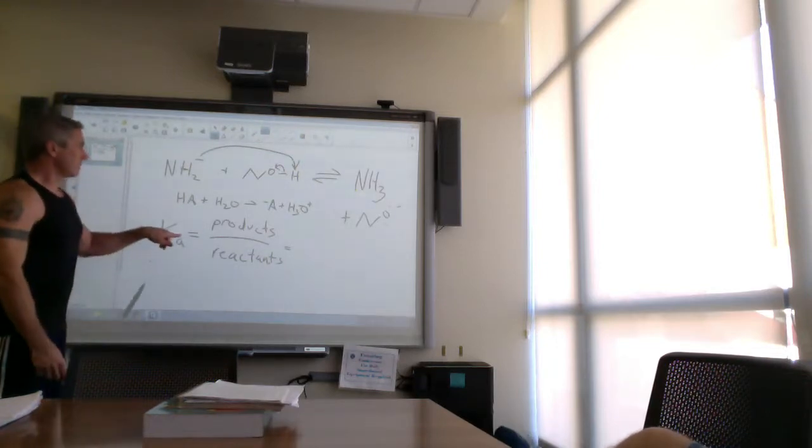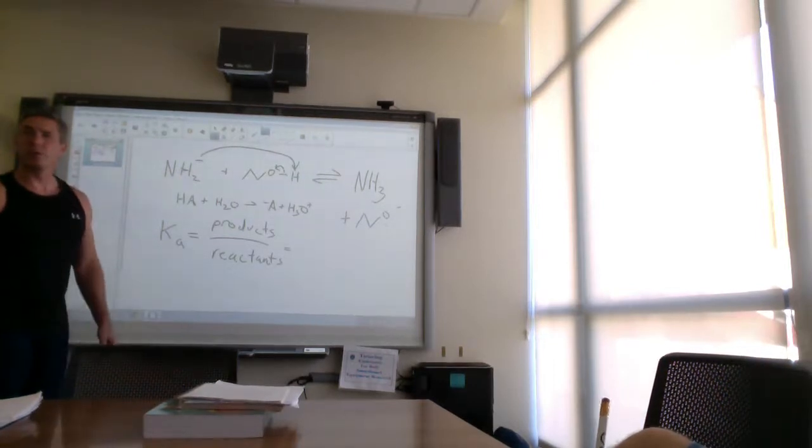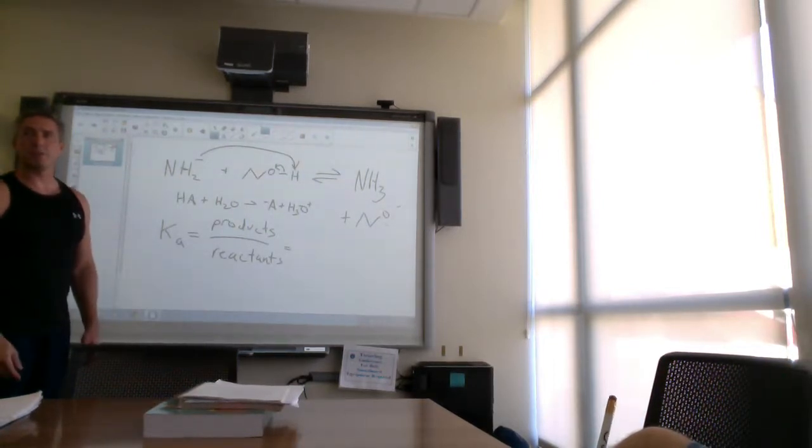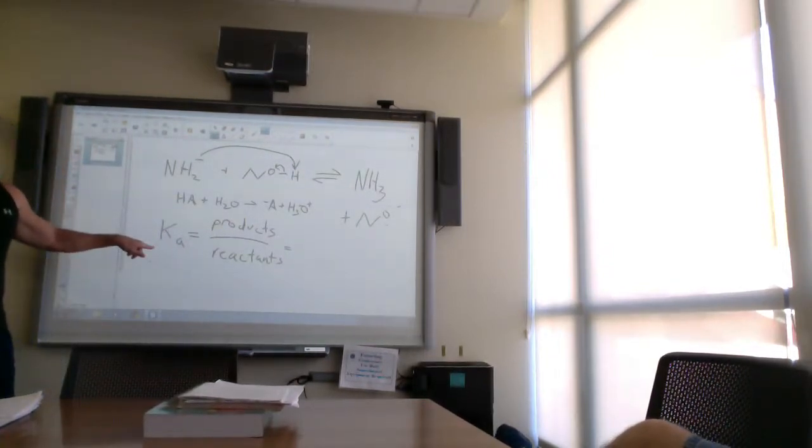Now, in general, water is a pure liquid. I don't know if you remember this from Gen Chem 2. You do not include pure liquid in the concentration in the equilibrium constant.